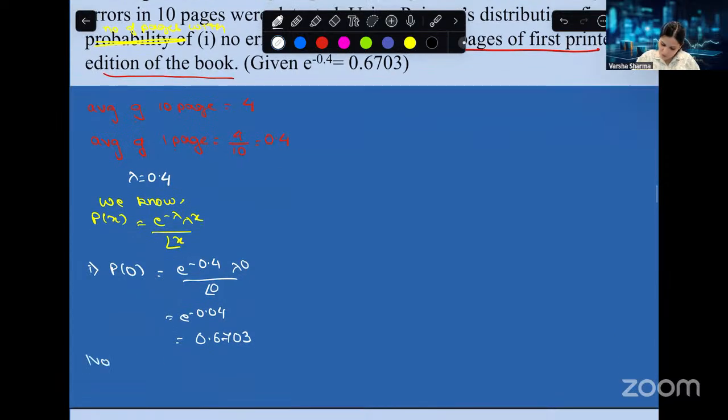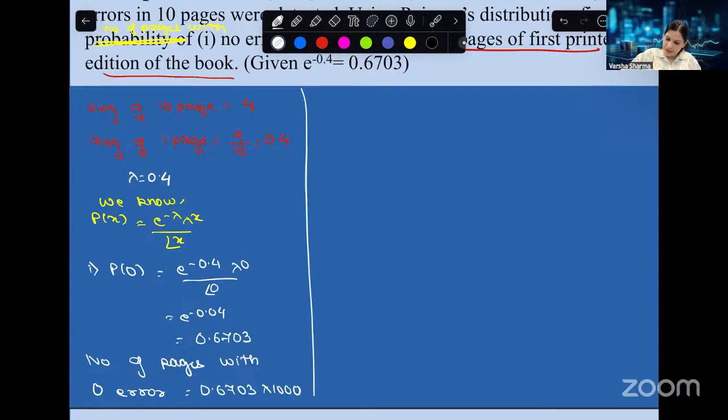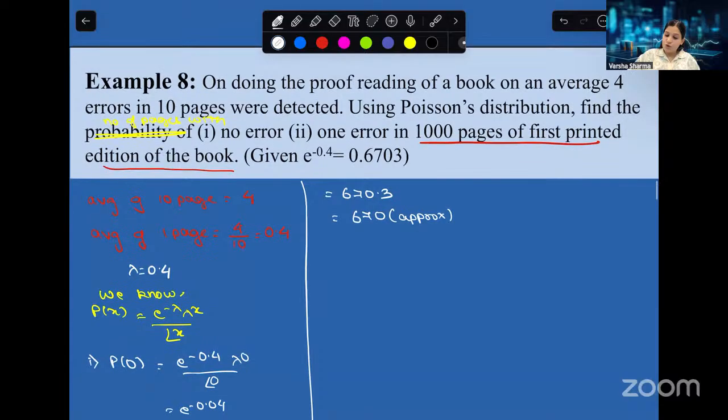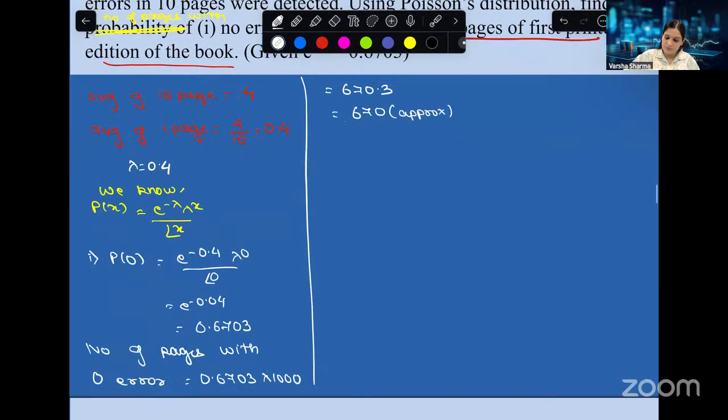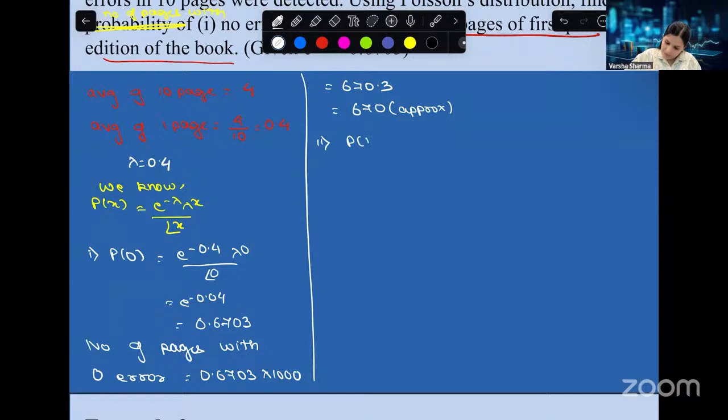So number of pages with zero error, probability into total, that is 670.3, approximately 670 pages. Two, one error, P of 1, e power minus lambda, lambda power 1, factorial 1.